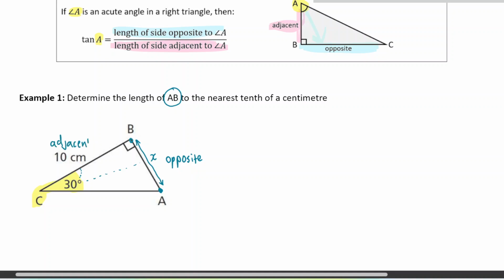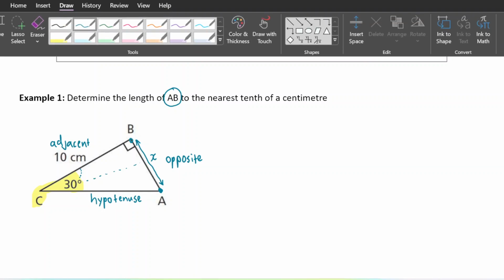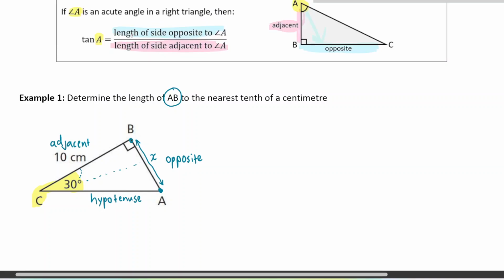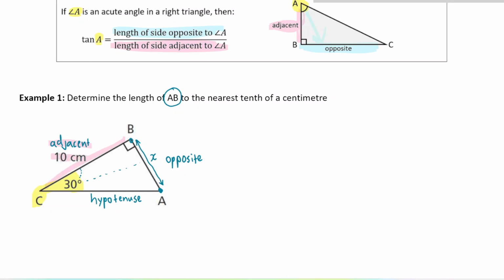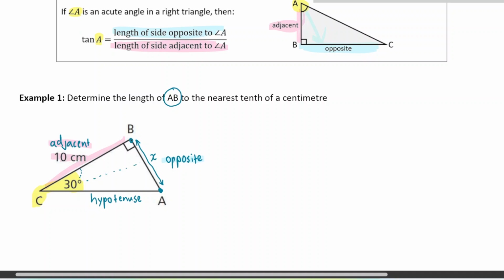We haven't been labeling the hypotenuse so far, but I'll just put it on here for completeness. The hypotenuse is always the one that's directly across from the right angle. Okay, so I'll also highlight so that it matches the definition above. So we have our adjacent side and our opposite side, which we don't know.